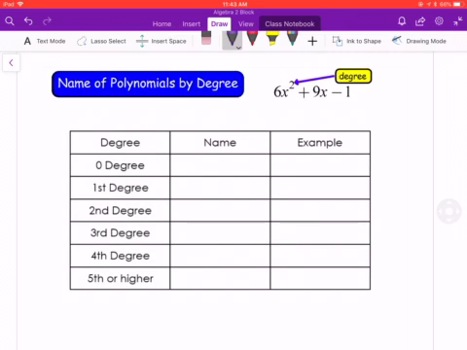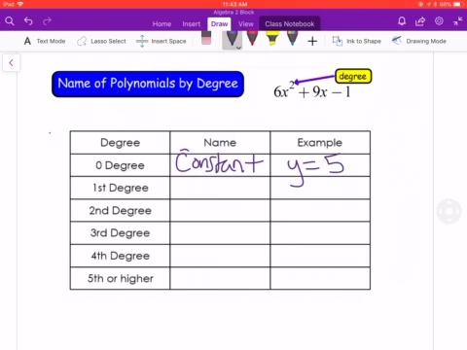So if we want to name the polynomial by degree, if it has a degree of 0, we call that a constant. An example of a constant polynomial might be y equals 5. There are no variables, it's just one number.